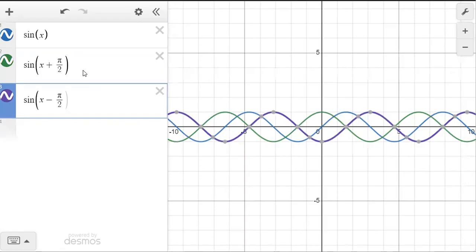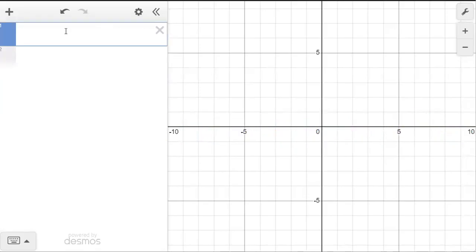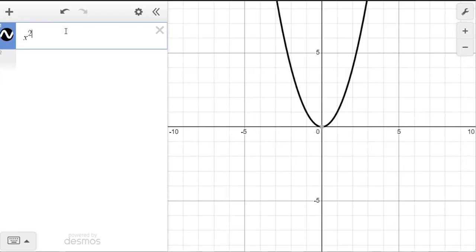Let me take the graph as e power x. Or I am taking the graph of x square. You see the graph of x square.